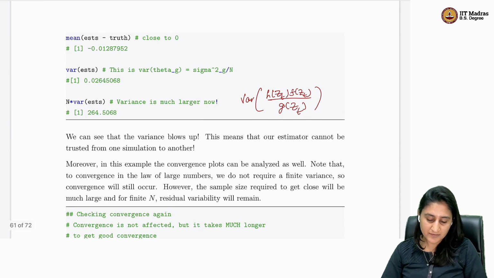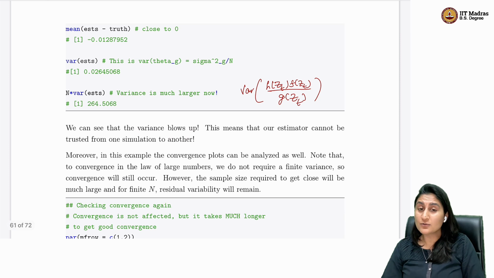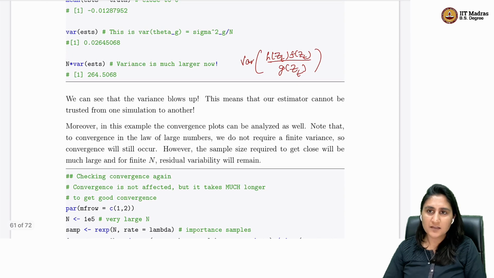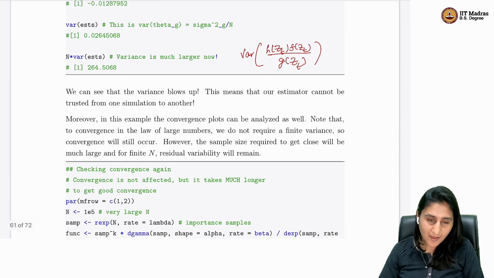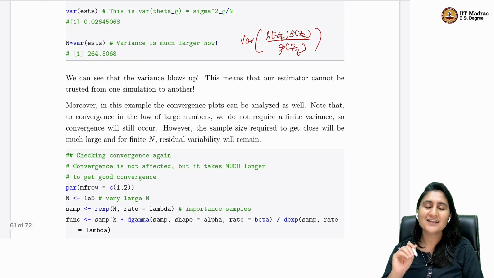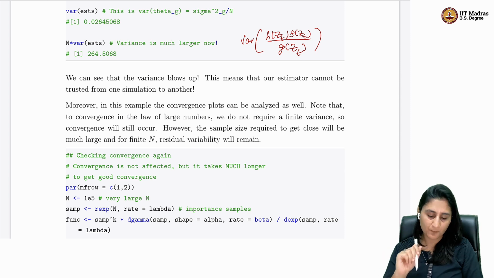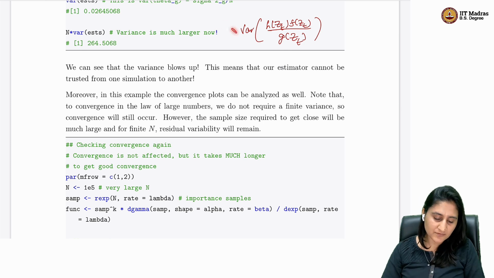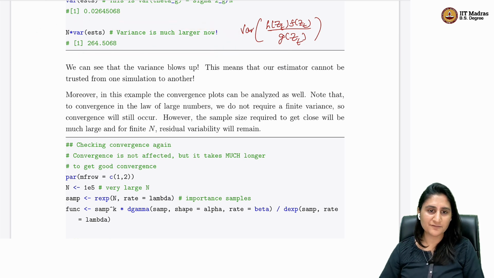So we can see that the variance blows up. Now, we can't conclude whether the variance is infinite or not, because it can't be infinite in our samples. But it certainly is very, very large. The other thing I want to highlight is that the variance of the estimator doesn't have much to do with the convergence of the estimator. The law of large numbers still holds true even though the variance is possibly infinite.